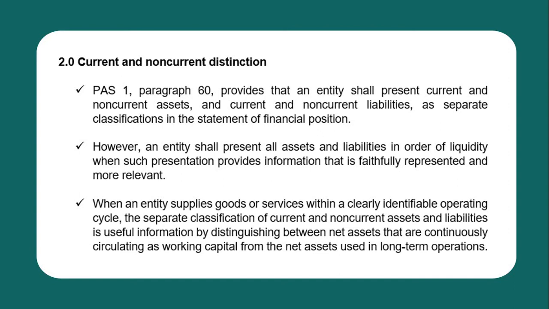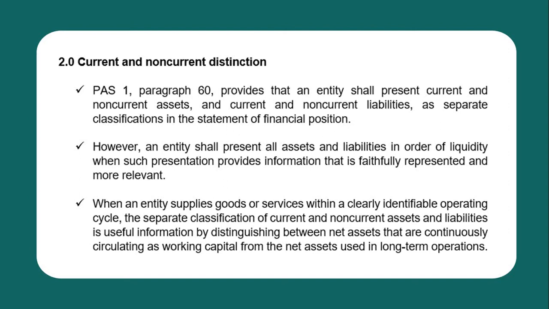When an entity supplies goods or services within a clearly identifiable operating cycle, the separate classification of current and non-current assets and liabilities is useful information by distinguishing between net assets that are continuously circulating as working capital and the net assets used in long-term operations. So, the basis of determining whether it is current or non-current is that usually when you say current, it would be realizable or to be settled within one year or within one cycle.